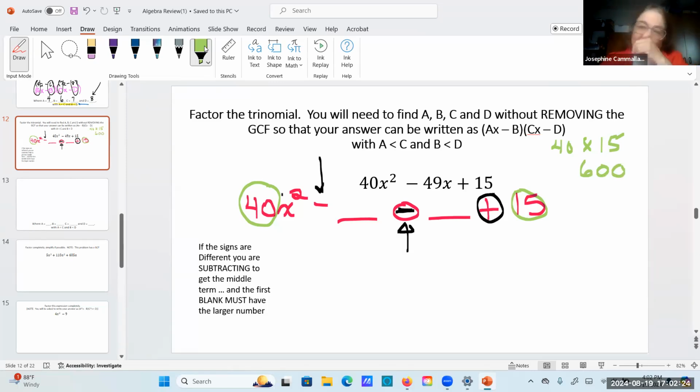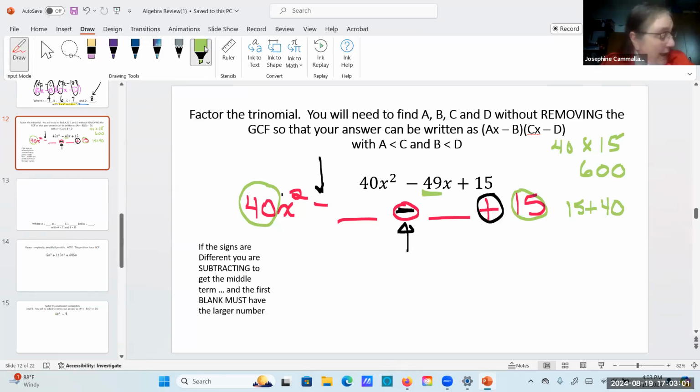Now, I like to put the smaller factor 15 plus 40 first. Well, if I add these two numbers together, I'm getting 55. This is 49. 55 is too big.